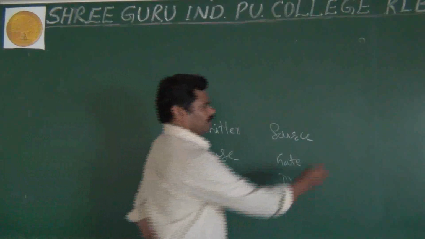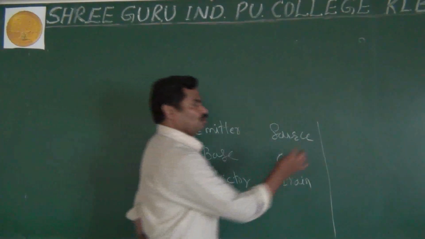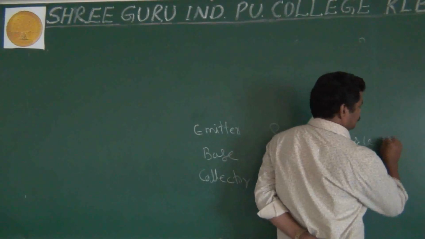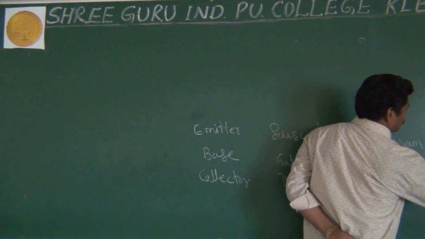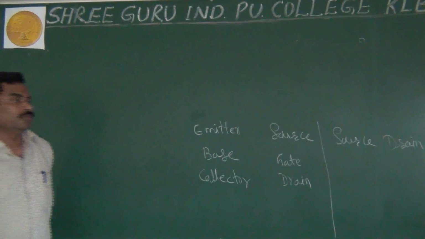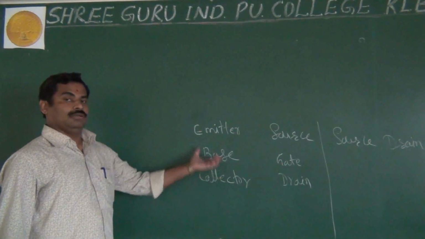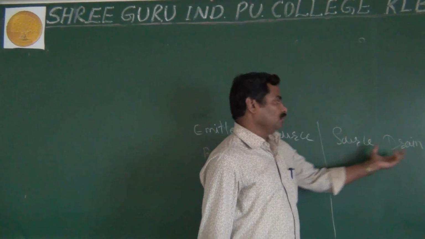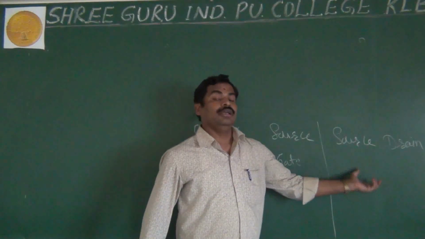You can also write the terminals of your FET as source, drain and gate. These are the three terminals of your FET. As I said, emitter, base, collector are the terminals of your BJT. In the same way, source, drain and gate are the three terminals of your FET.